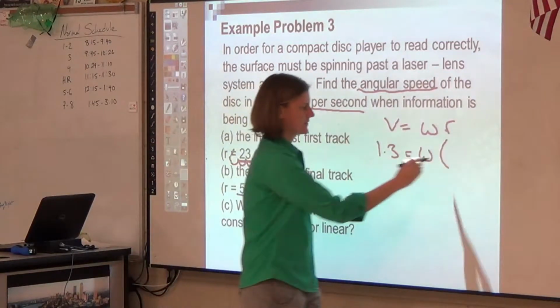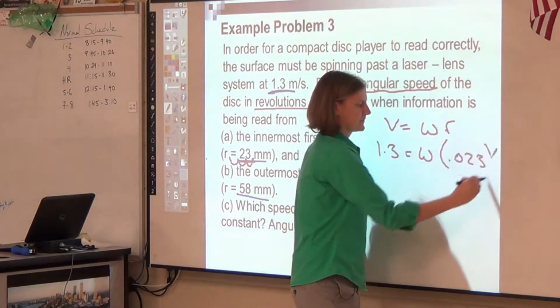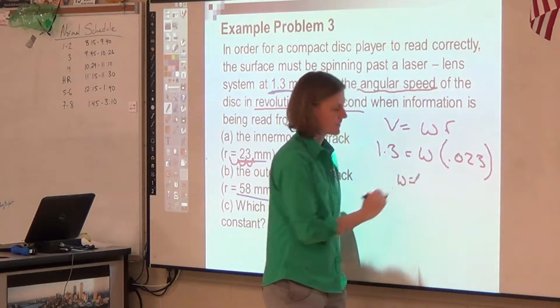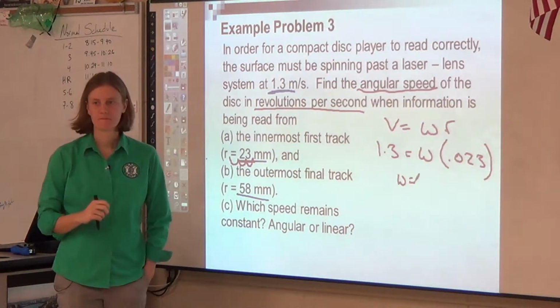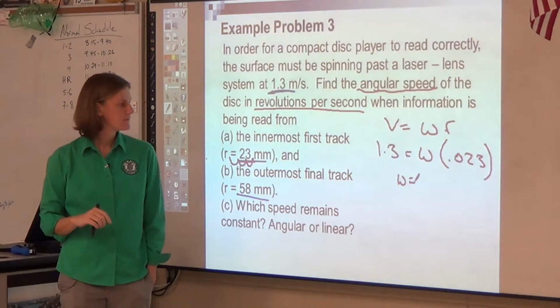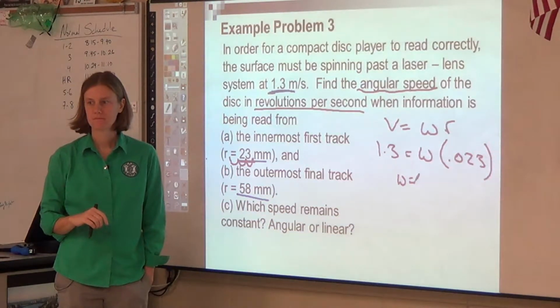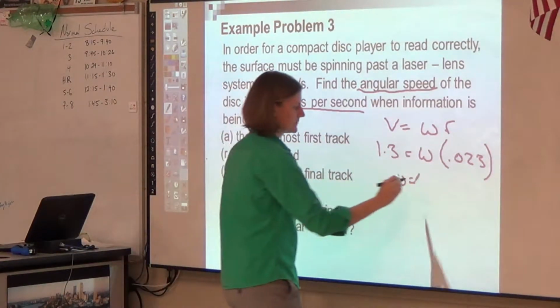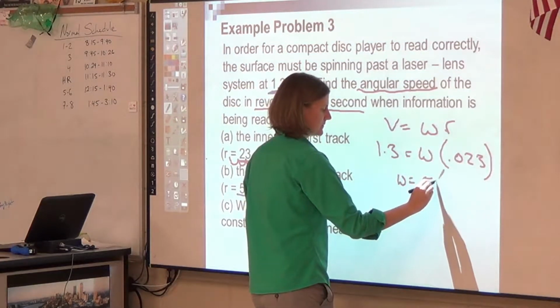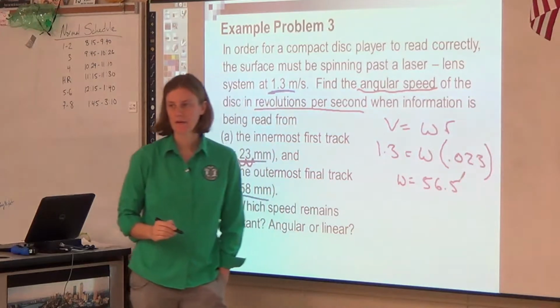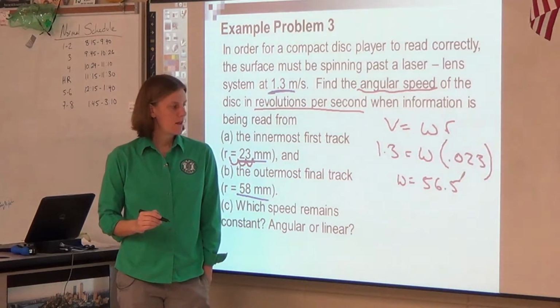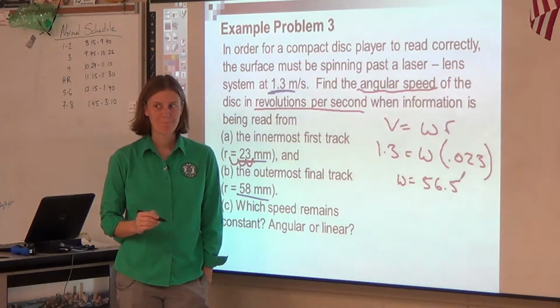Milli is a factor of 1,000, so that's 3 decimal slides. So 0.023. Then, of course, just divide, and you can get your radians per second for omega. And that's 56.5 radians per second.